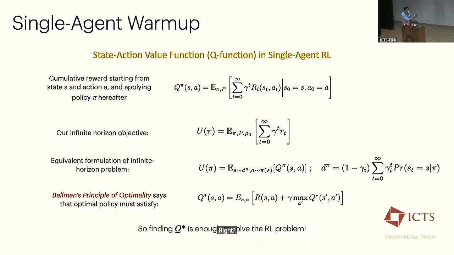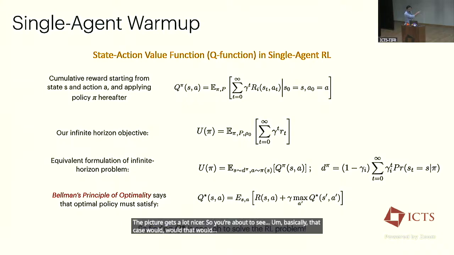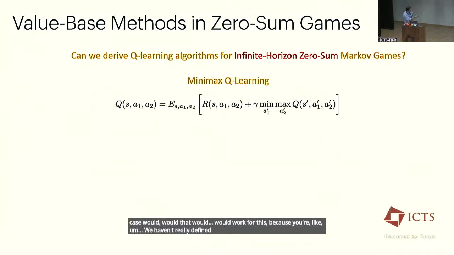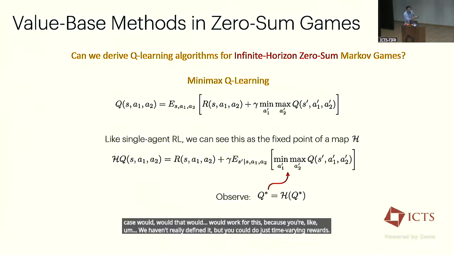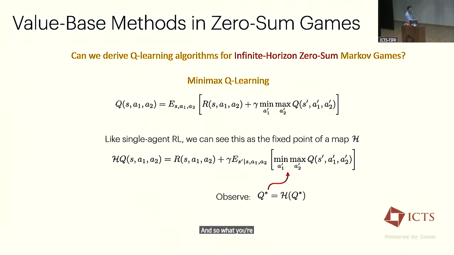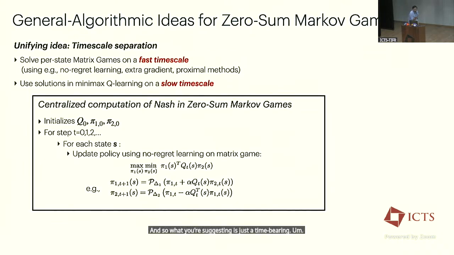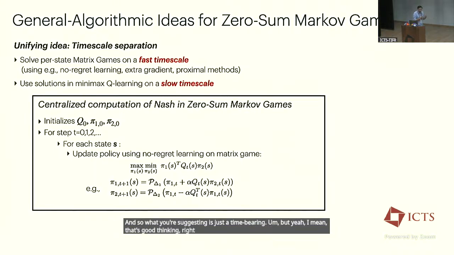And as soon as you have a finite horizon game, the picture gets a lot nicer. You're about to see that case. We haven't really defined it, but you could do time-varying rewards, and what you're suggesting is just that. But that's good thinking: how do we start overcoming the difficulties of these formulations?